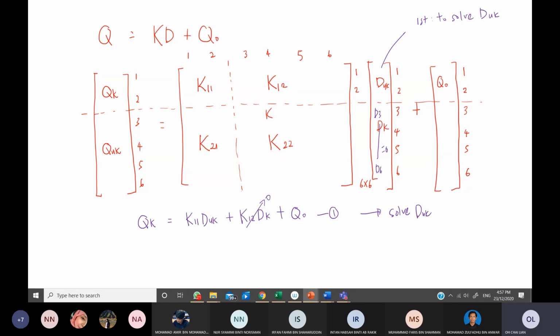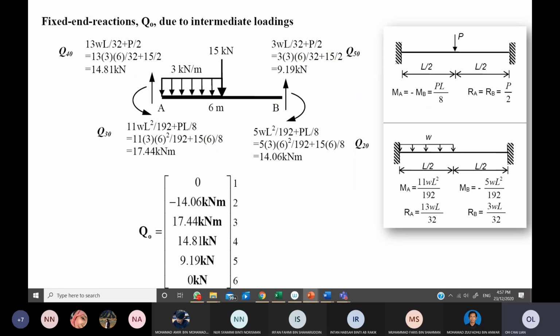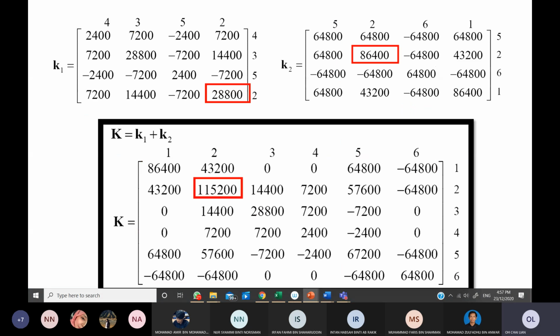That's all. What I would like to highlight here is that just now you have determined the K, 6 times 6, right? So it is very time consuming, especially if you have limited time. If the problem does not request you to find the structure stiffness matrix, you only find these 4 values and that will do.